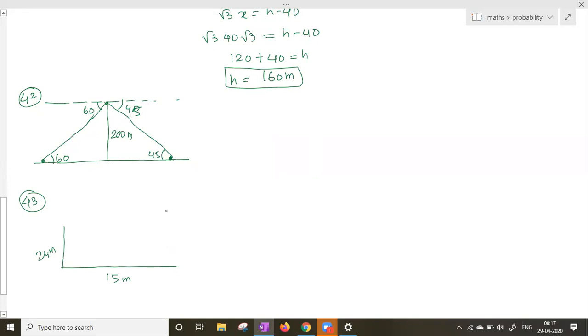Is it lower or taller? Is the second one taller or shorter? The second tower is taller than the first tower or shorter? Shorter.